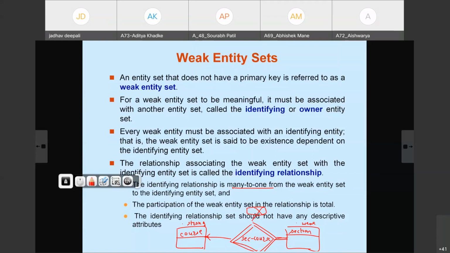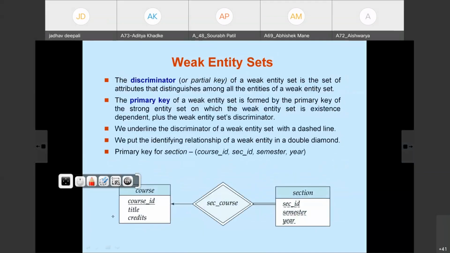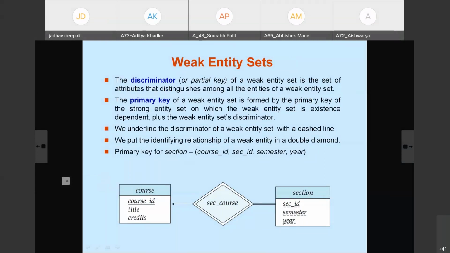So that is shown here with this diagram. Whatever I have drawn previously is there. So section discriminator as dashed underline, then primary key of this section course, etc. Now see how we represent the section course here.